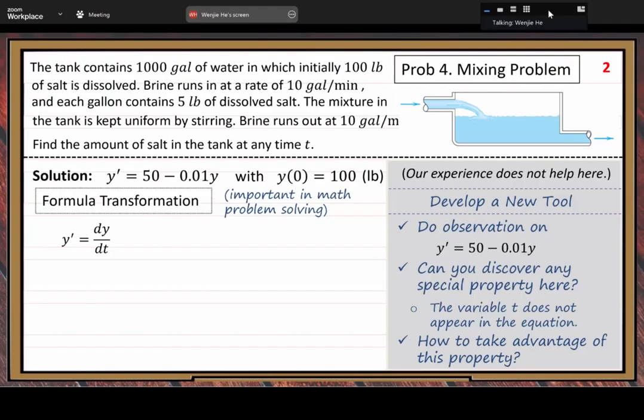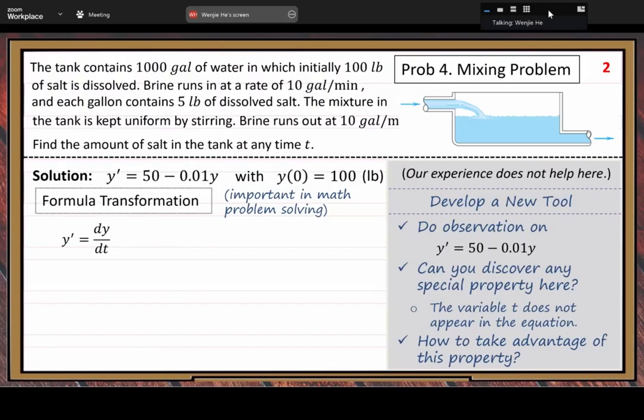It is an equivalent expression, but it has some advantage here because t is visible.